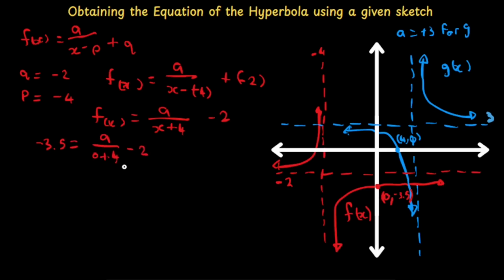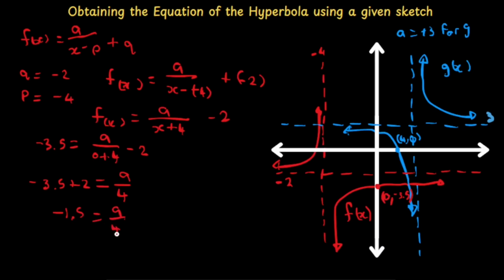I can now simplify this equation in order to solve for a. Bringing -2 over the equal sign, I would get -3.5 plus 2 is equal to a over 4. Simplifying further, I would obtain -1.5 is equal to a over 4.